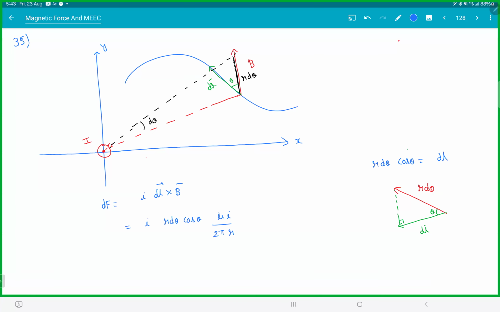And what's the cross product here? The angle between them, that is B bar and dl bar, that is sine theta.